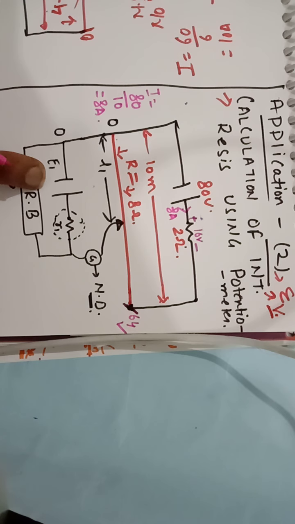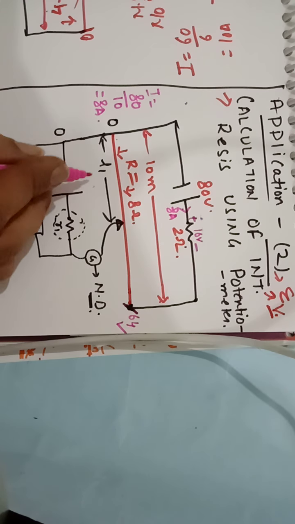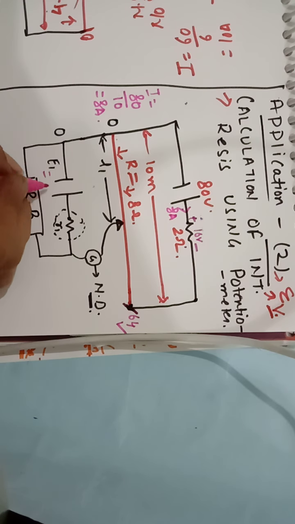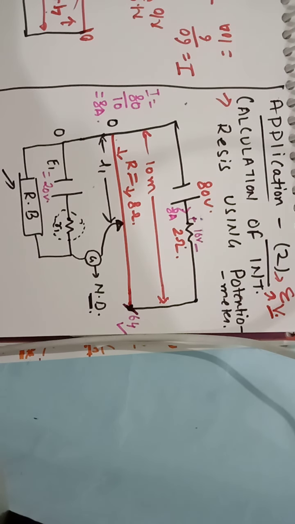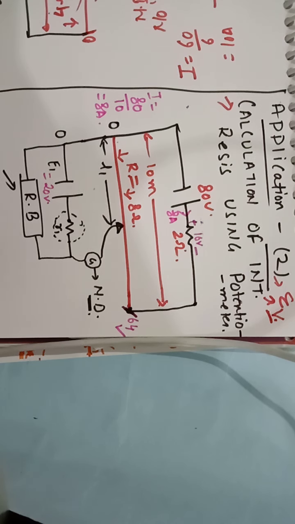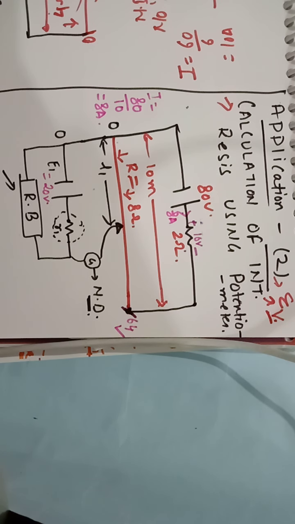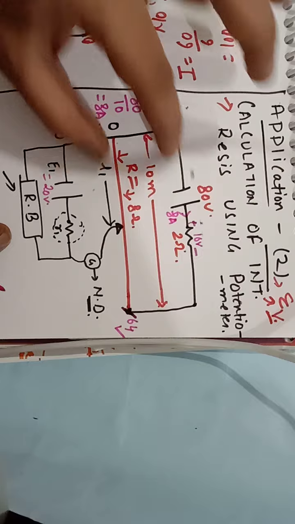Now E1 is known. Suppose E1 is 20 volts. Then 8 ampere current is flowing.